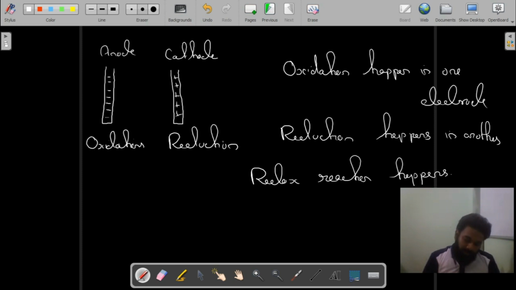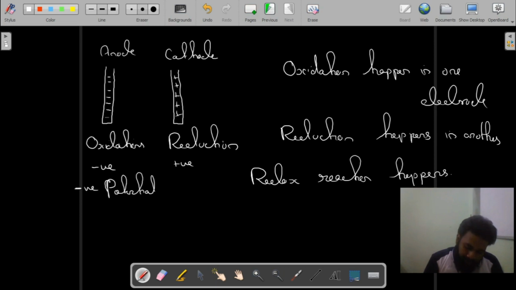So this is the thing. The anode becomes negative because of the collection of negatively charged particles there, and the cathode becomes positively charged. This anode, where negatively charged particles came together, will be at a negative potential, and the cathode will be at a positive potential.